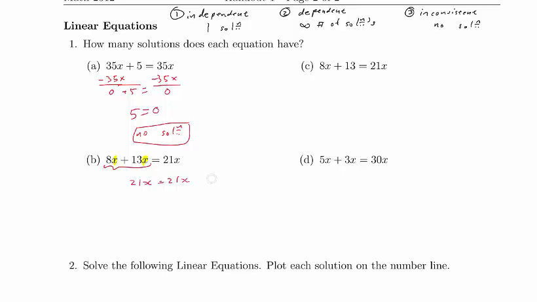And we're going to subtract 21x from both sides. I'm just changing the color so it's a little more clear what's going on. And we get 0 equals 0. When does 0 equal 0? Always. And so we would say that there is, in fact, an infinite number of solutions.